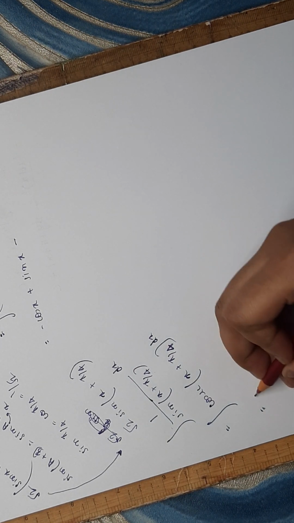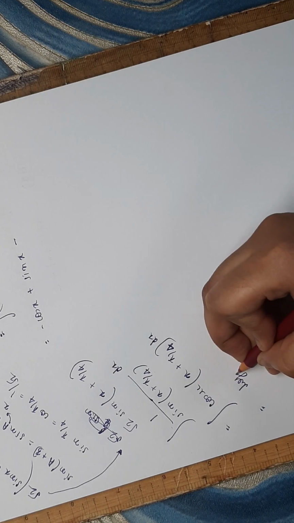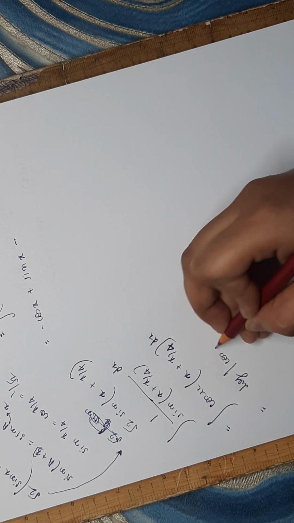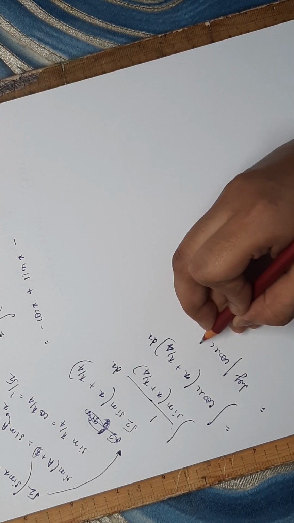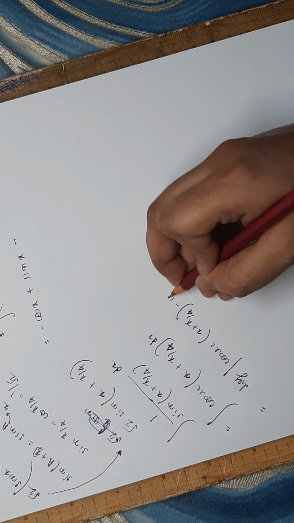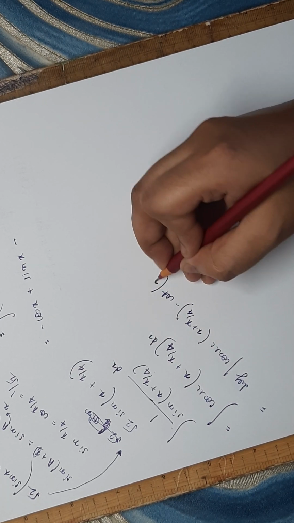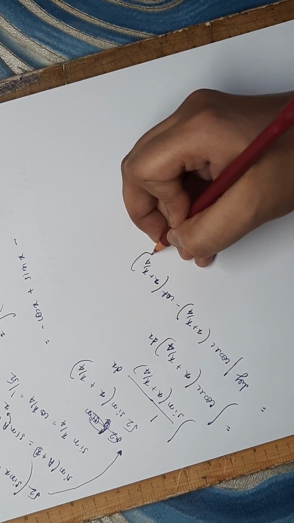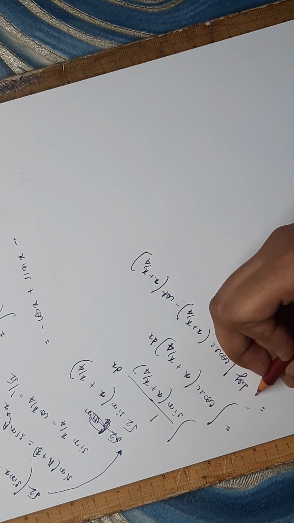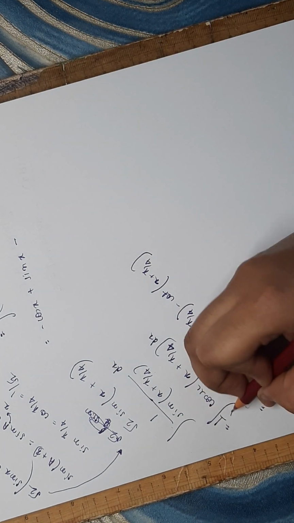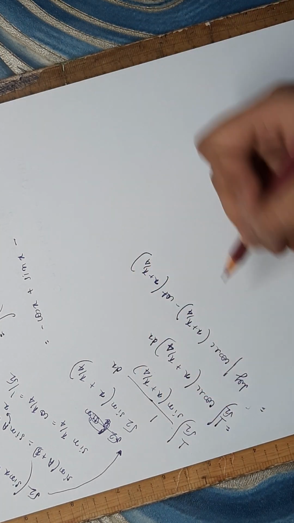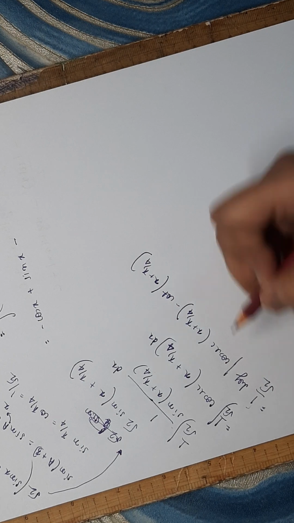It is nothing but log of cosec of x plus pi by 4 minus cot of x plus pi by 4. All right, and we have the 1 by root 2 outside that we have to consider. Okay, 1 by root 2 is outside, so that 1 by root 2 will also be coming.